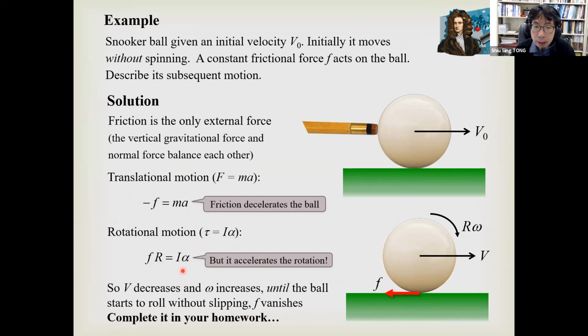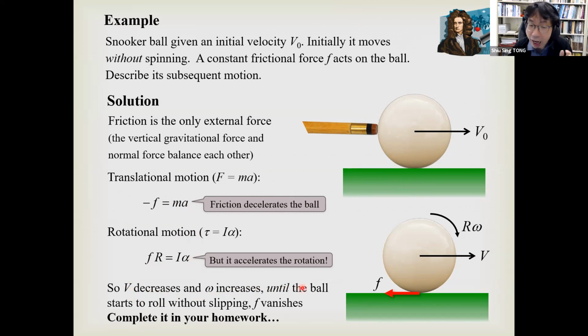Now, you can actually solve for A and alpha. Notice that at the beginning, A and alpha are not equal. But they cause V, the linear velocity, to decrease and the angular velocity omega to increase. With this A and this alpha, you can calculate how fast V decreases and omega increases.